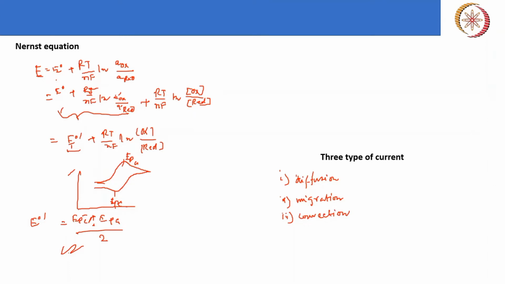Now, regarding diffusion current, I want to mention one thing: whatever current you are seeing or measuring in the cyclic voltammogram is the diffusion current. As we are measuring diffusion current, how are we minimizing the other two currents? The convection current, we know, is due to stirring or physical disturbance.